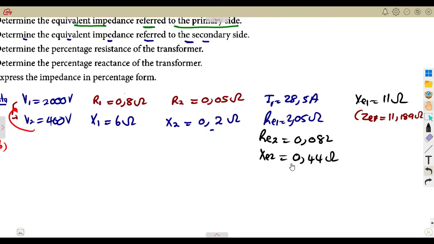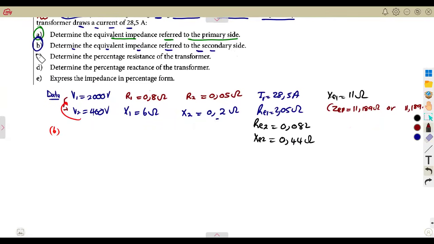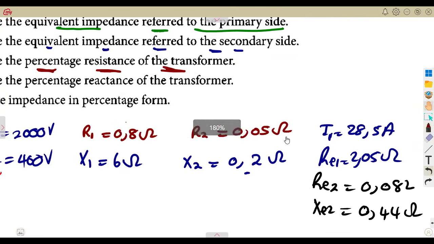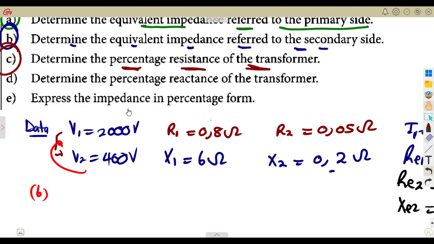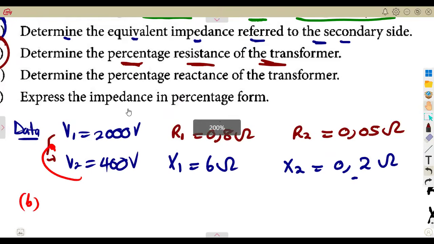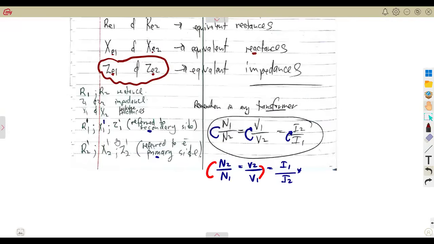On another part, with these values that we have calculated, they now need us to calculate the percentage resistance of the transformer. The percentage resistance is the one that they want. I talked of the per unit values that can give us the percentage.